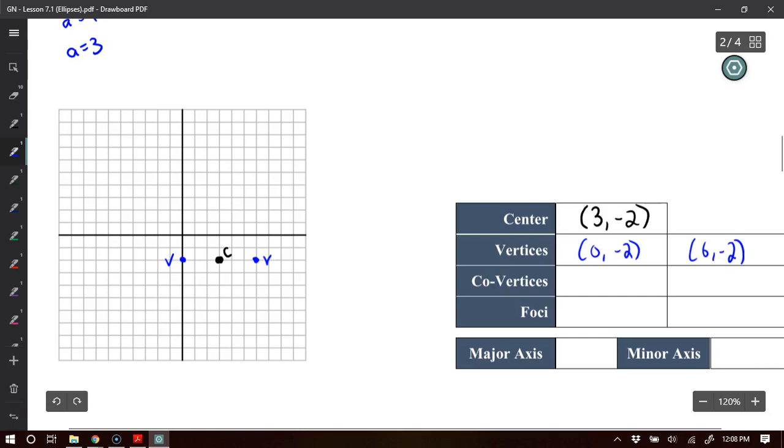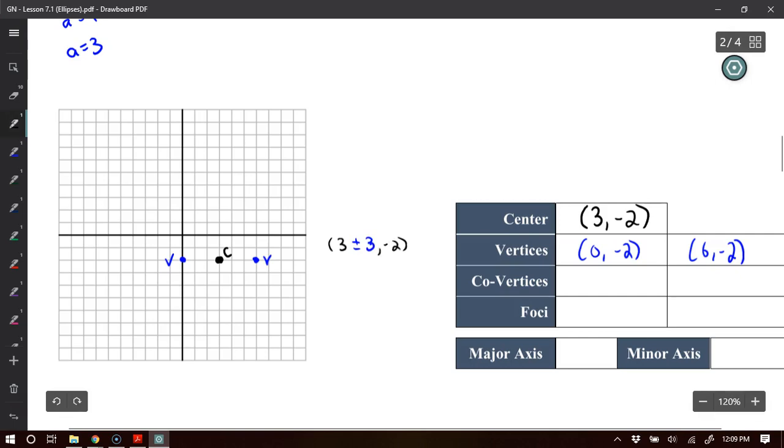If you can't count, that's okay because you have the formulas. The formula for the vertices is going to be your h value, and then it's plus or minus a. So in this case, your a is 3, comma k, so comma -2.